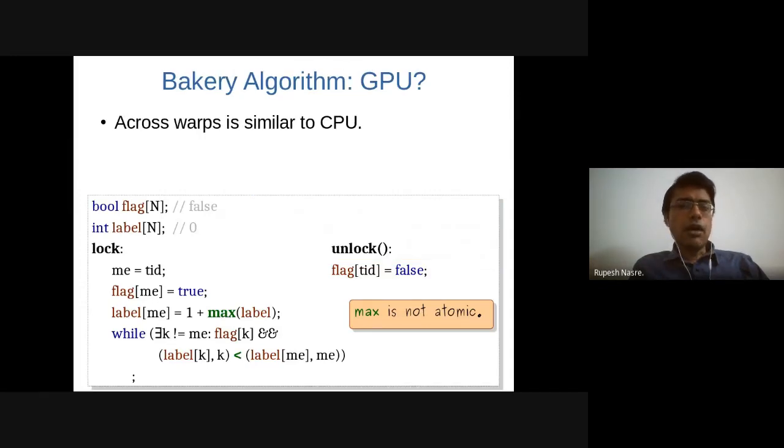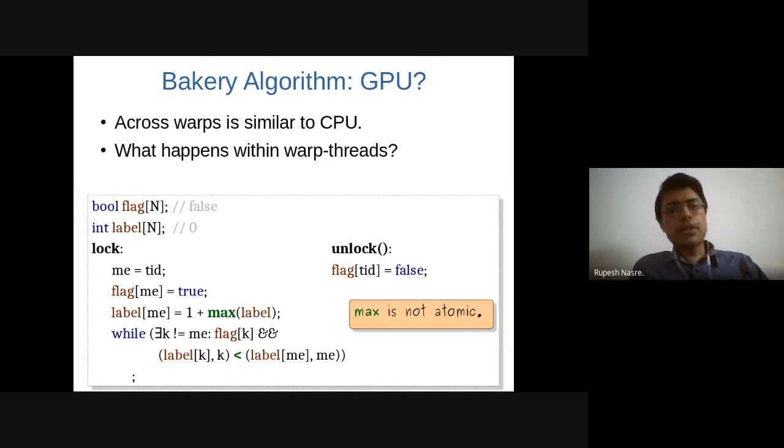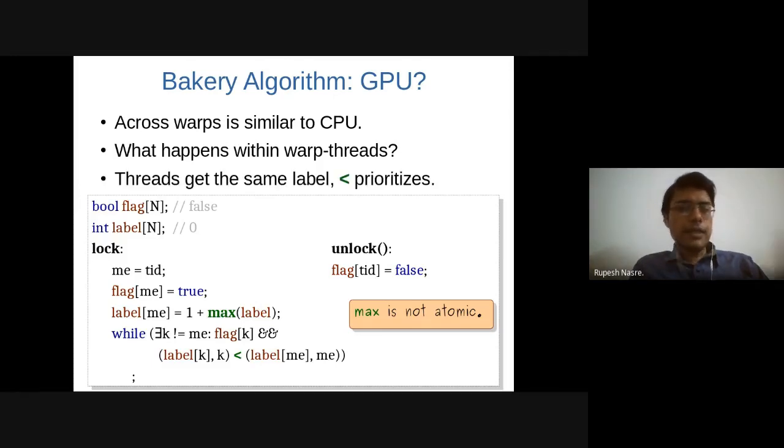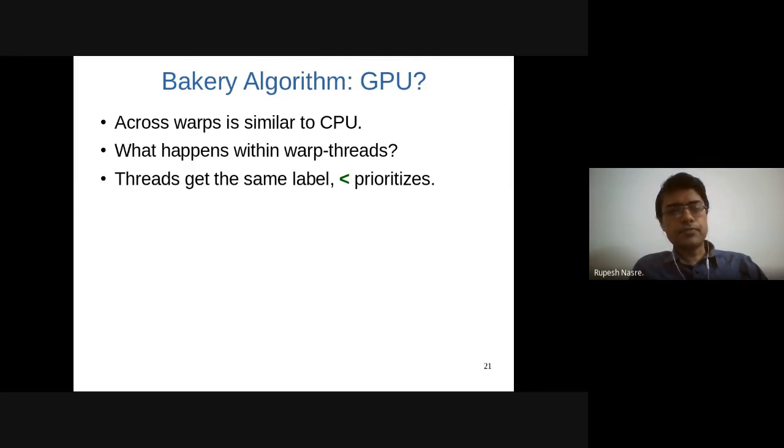So in the context of GPUs, we said that across warps is similar to CPU, and it works out fine. Within the warps, there is SIMD execution, and therefore some behaviors get masked out within the warp. And the threads can get the same label if max is not atomic. But because of the thread ID, the less than needs to kick in.